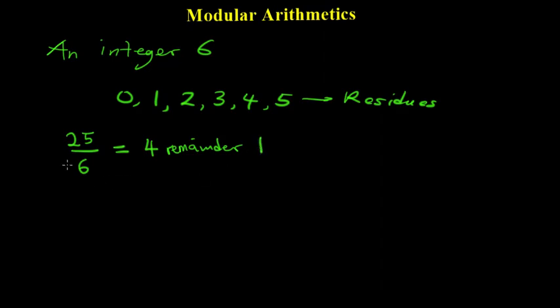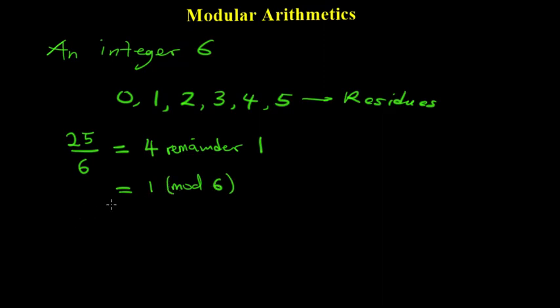Therefore, this 6 is the modulo, that is, the number of operation. Hence, this becomes 1 modulo 6.